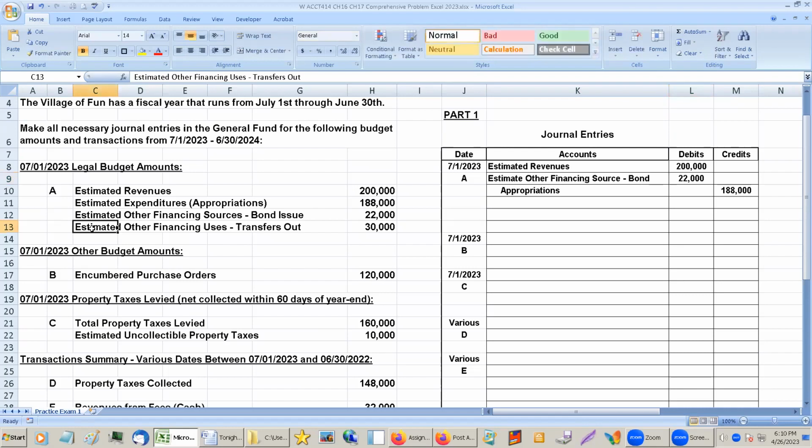And as you may guess, the estimated other financing use is sort of like an expenditure, right? It's money going out. We're not going to spend it, but somebody else is.